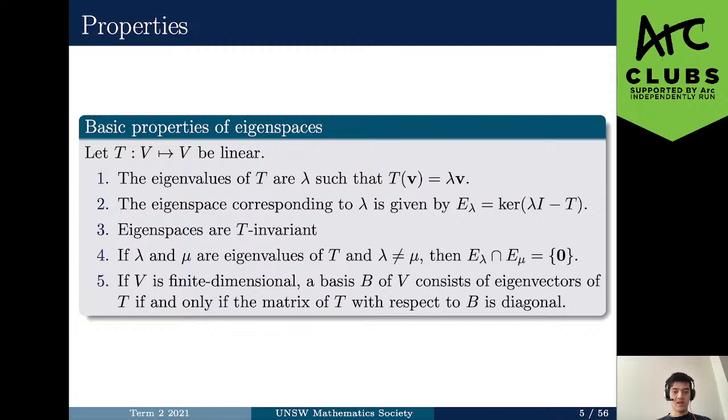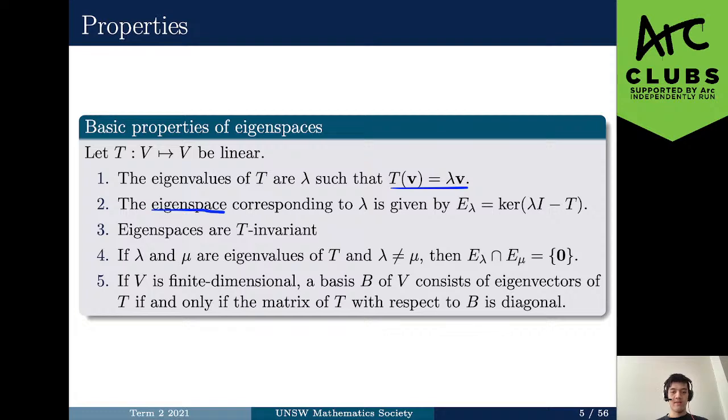The first line here is just from our definition of eigenvalues and eigenvectors. In terms of the second line, this is saying what the eigenspace is. Remember, the eigenspace is the set of eigenvectors for a corresponding eigenvalue.